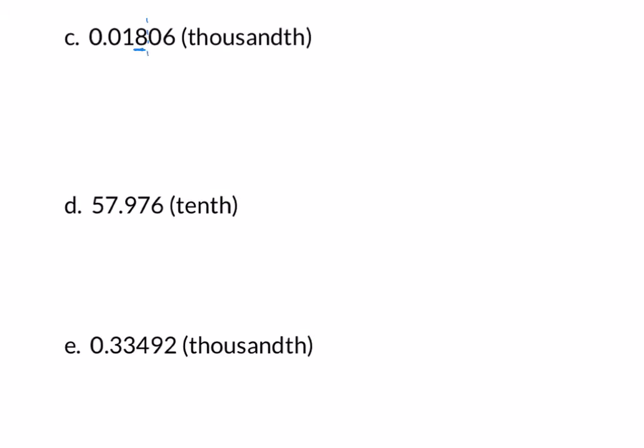If we look at the digit to the right of it, we're looking at the 0. 0 is smaller than 5, so we are going to round down. This is 0.018. Remember, we leave the 8 alone, and then we discard all of these digits to the right. So my final answer will be 0.018.